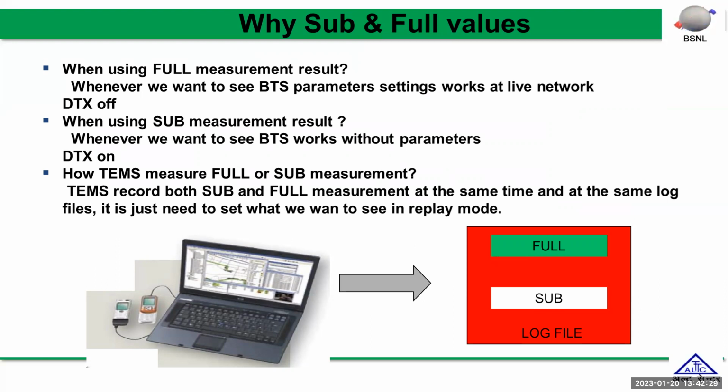Whenever we want to see the BTS parameter settings working in the live network, that is with DTX off, we use the full measurement. When DTX is on, we use the sub measurement. When it is full, DTX is off.